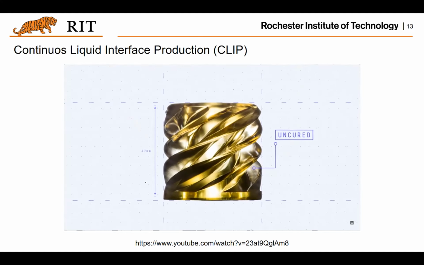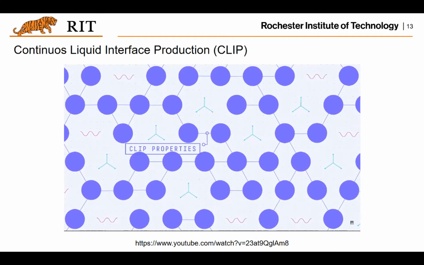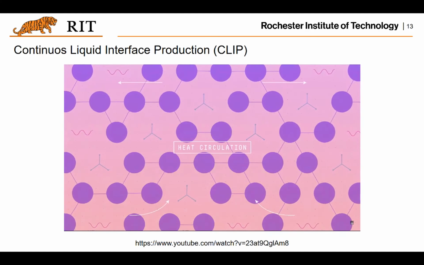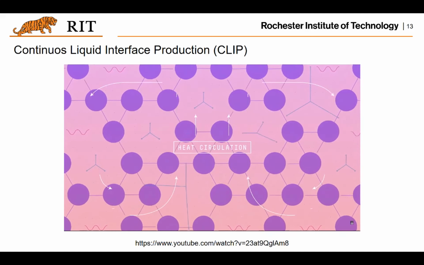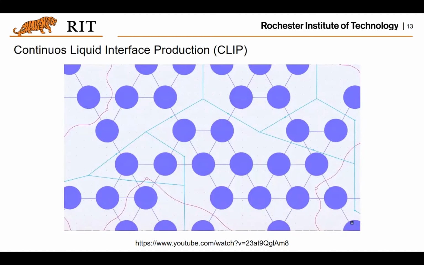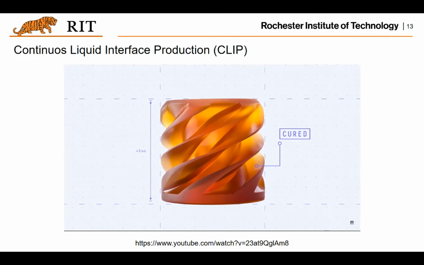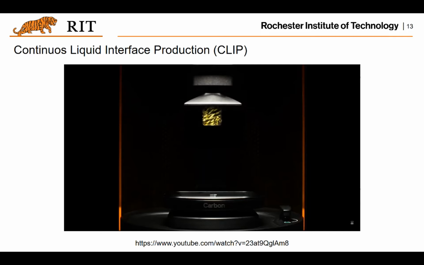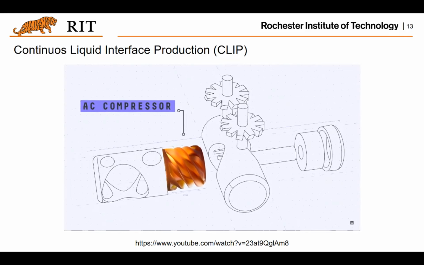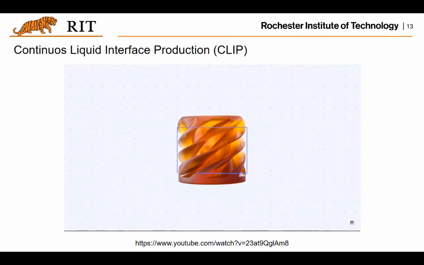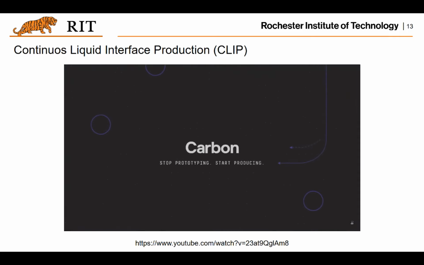Once the light has shaped the part, a second programmable curing process achieves the desired mechanical properties by baking the part in a thermal bath or oven. Programmed thermal curing sets the mechanical properties by triggering a secondary chemical reaction, causing the material to strengthen, achieving the desired final properties. Carbon is taking manufacturing from analog to digital, printing end-use parts with exceptional surface finish, unmatched mechanical properties, and real-world impact. Carbon, stop prototyping, start producing.